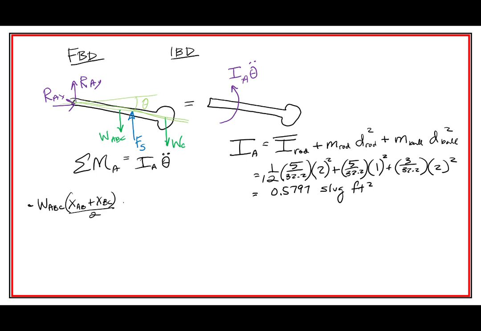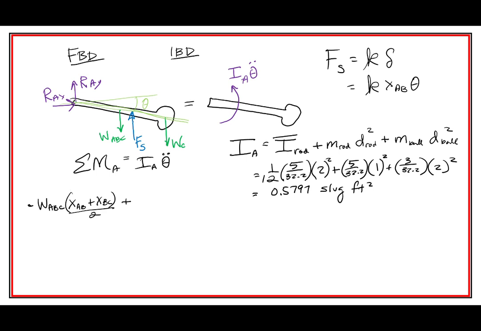We're going to have plus the F_s, which is going to be equal to the K times delta, which is K times X_AB times theta, right? Because it's going to be the angle.